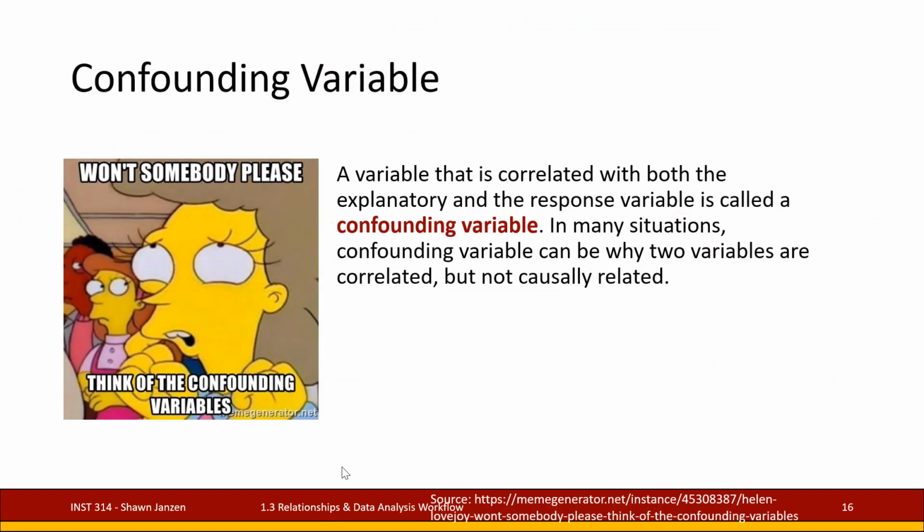Which brings us to the idea of a confounding variable. Confounding variables are things that are data we don't know, observation points we don't have, that if we did, could attribute an explanation to the relationships we see statistically.